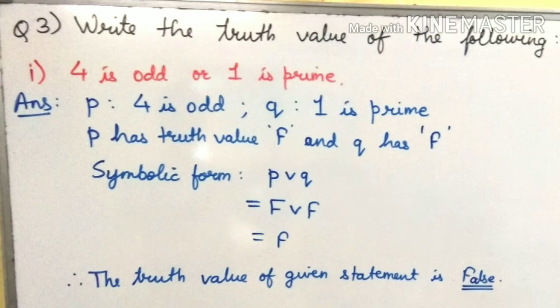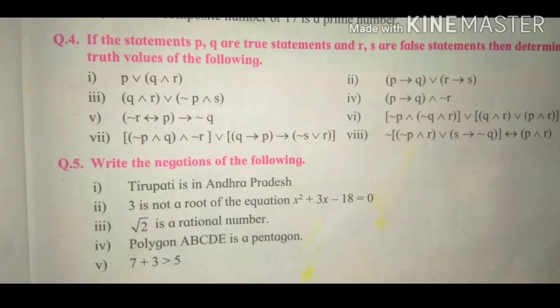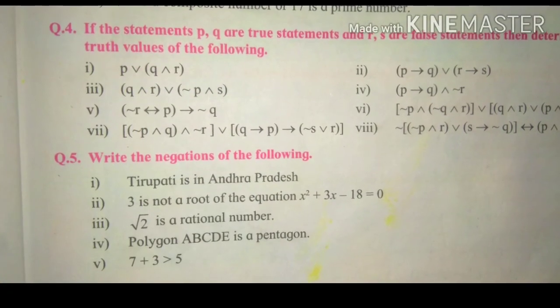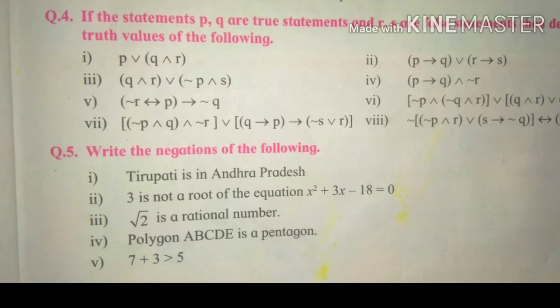As we know that 4 is an even number and 1 is not a prime number, so P and Q have truth value false. The symbolic form is P disjunction Q. Now write the truth value, P as false and Q as false. So we get F disjunction F, and the answer is F. Question number 4 will be covered later when we learn about the truth tables.